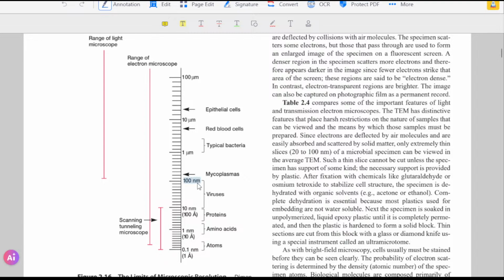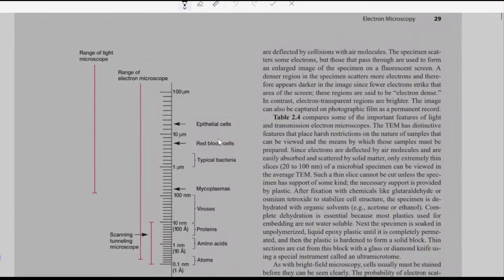Where did my math go? 100 nanometer is 10 raised to power minus 9 meter.